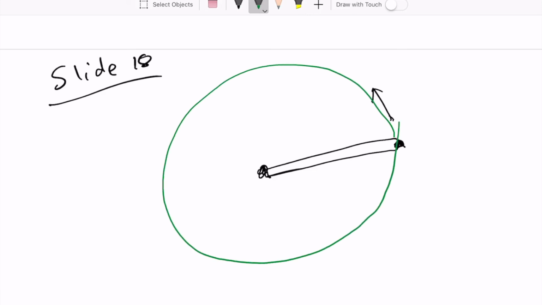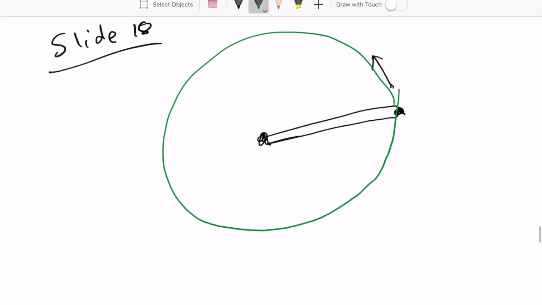It's tracing out this green circle. And its angular acceleration is alpha. So let's see if we know the radius. The radius is r. So can we find the tangential acceleration? The angular acceleration is given. So a tangential is just going to be r times alpha. Right? So we have a tangential.